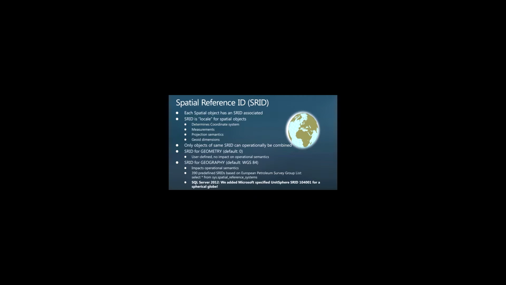If you have something like WGS84, which is the SRID that the latitude, longitude of GPS devices assumes, then you have to understand that this implies certain calculations to give you, for example, distances or the size of the area of a polygon, etc. Now, this impacts operational semantics, and therefore it impacts the performance of these operations.